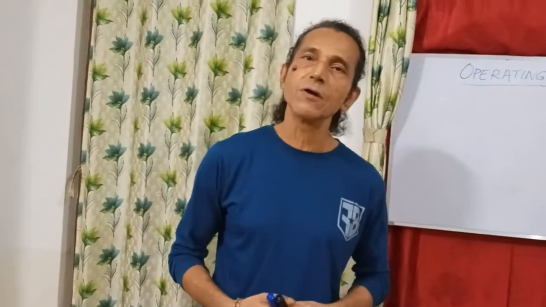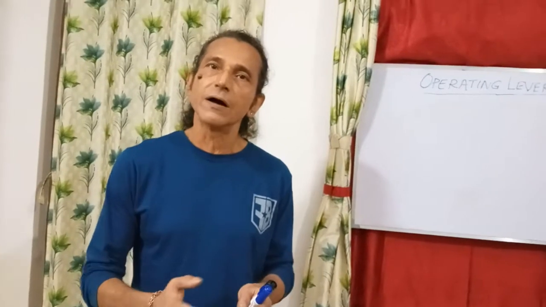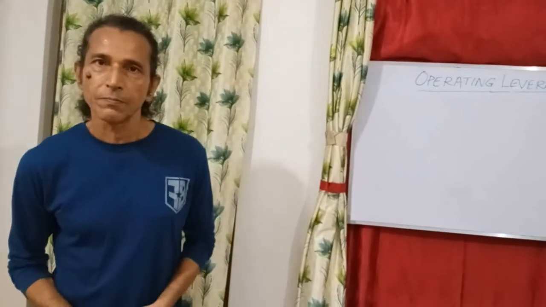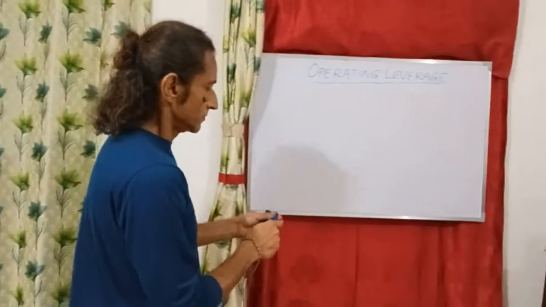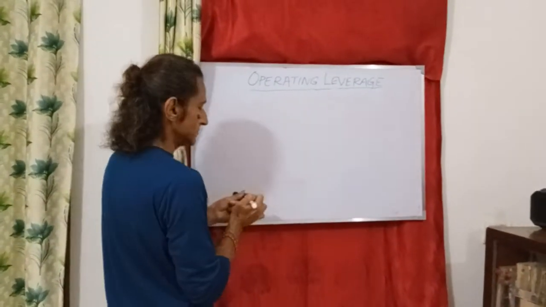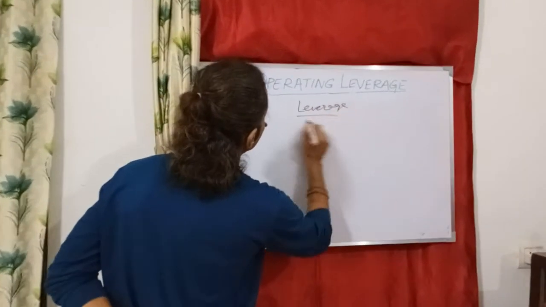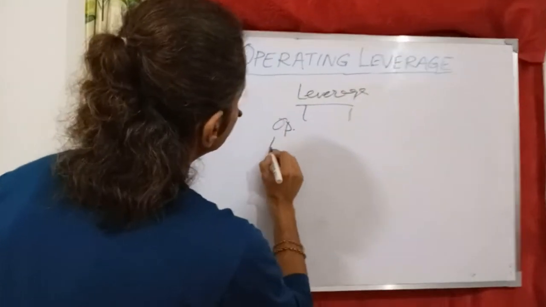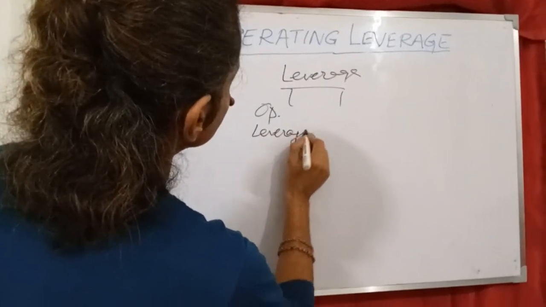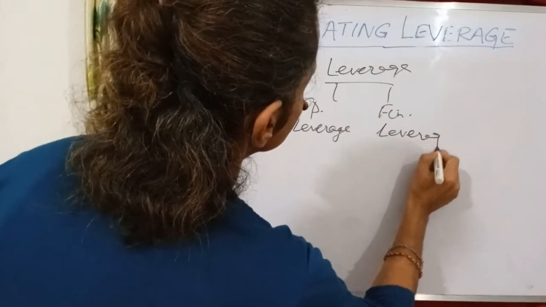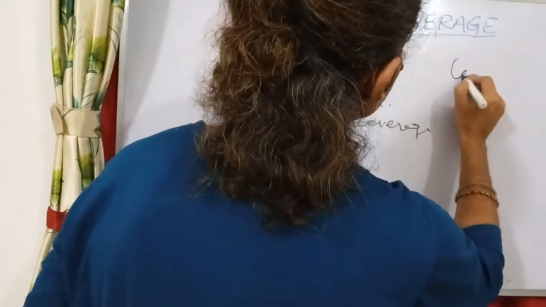Now leverage can be of two types. One is operating leverage and the other is financial leverage. And we can derive a new leverage by combining operating leverage and financial leverage, which is combined leverage.